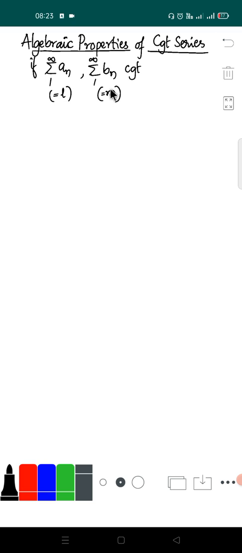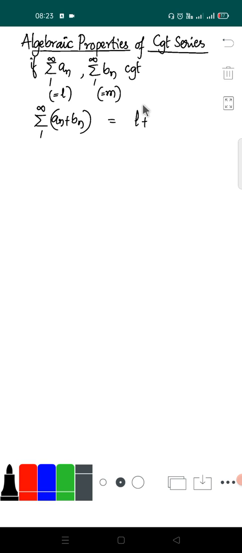So if these two are convergent, then the summation from 1 to infinity of an plus bn converges to L plus m.